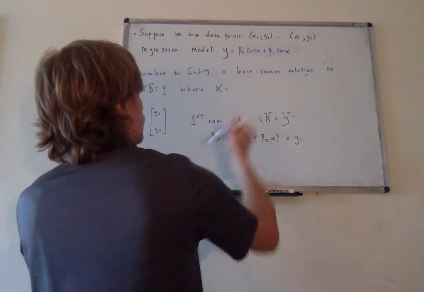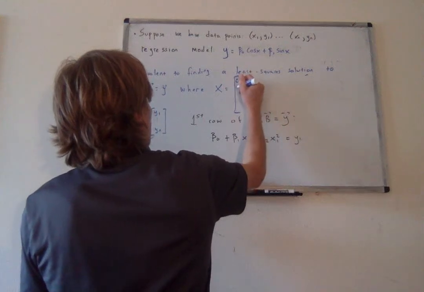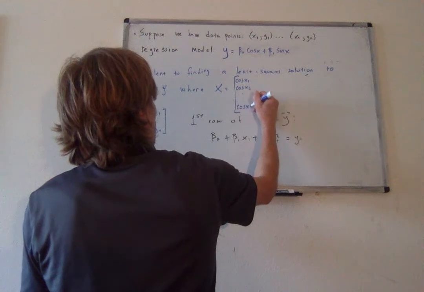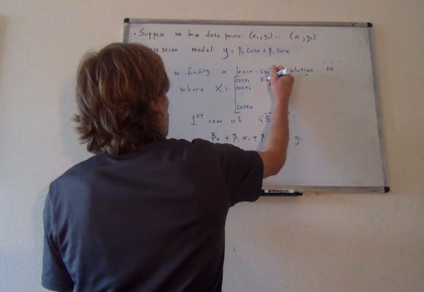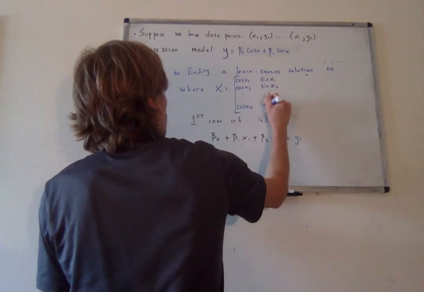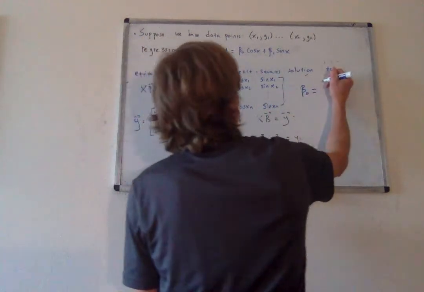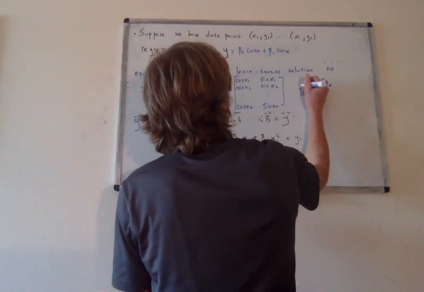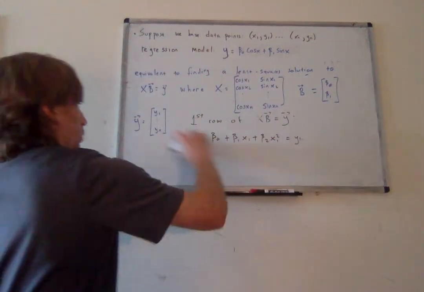So now our X matrix would be a matrix with 2 columns, cosine x1, cosine x2, cosine xn. And remember, these are all just numbers since the x values are hard data points that we have. And the b vector would just be this again, and y would be y.